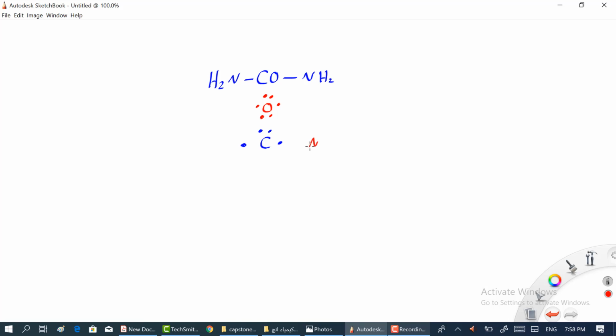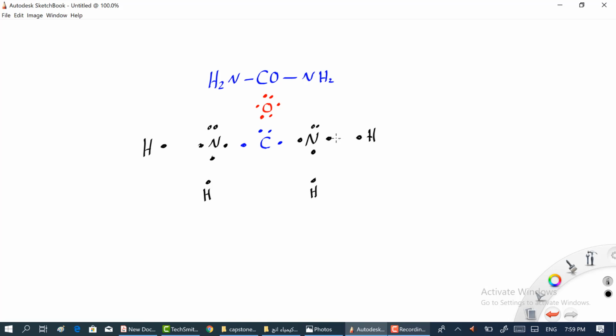One nitrogen has 1, 2, 3, and a lone pair of electrons. Another nitrogen atom has 1, 2, 3, and a lone pair of electrons. Each hydrogen has 1 electron.